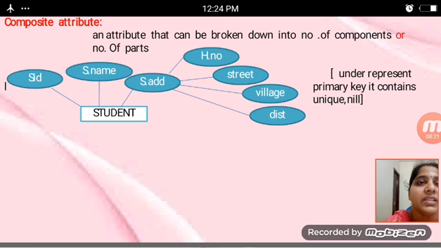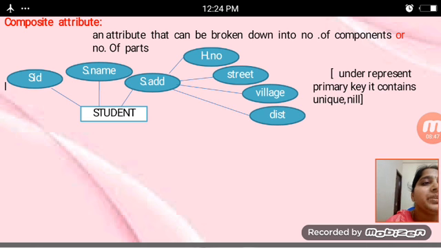In this figure, student having the SID, S name, S address are the three individual attributes. Of these three, S address has some more attributes, which are dependent on S address. Address has house number, street, village, district, like that.